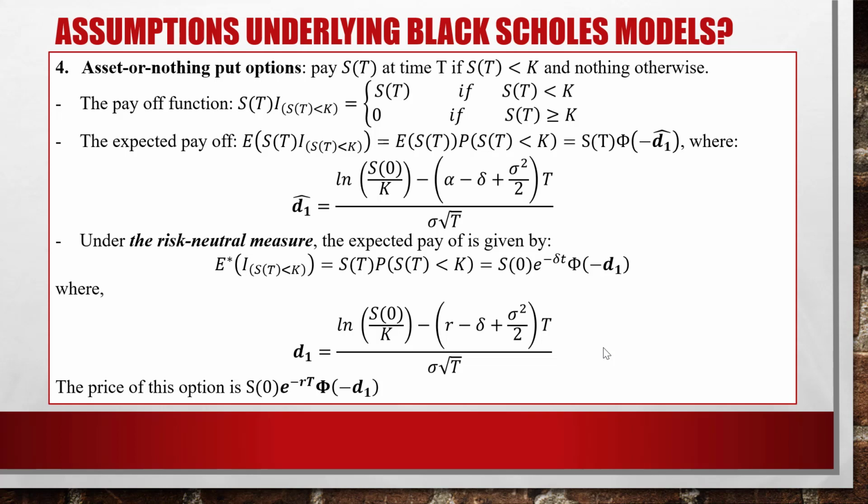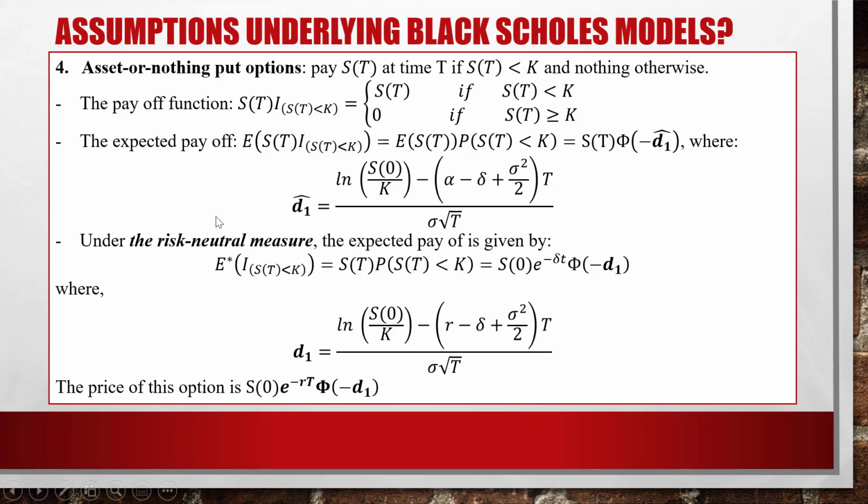The expected payoff is E[S(T) times the indicator function of S(T) less than K], which is equal to S0 e^((α-δ)T) times Φ(minus d1 hat), where d1 hat is ln(S0/K) plus (α minus δ plus σ²/2) times T, over σ√T.